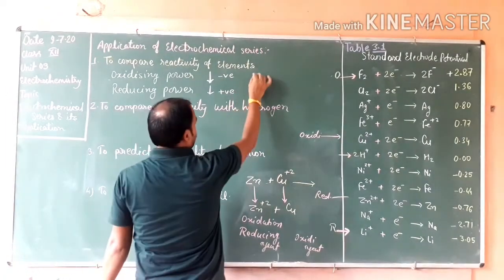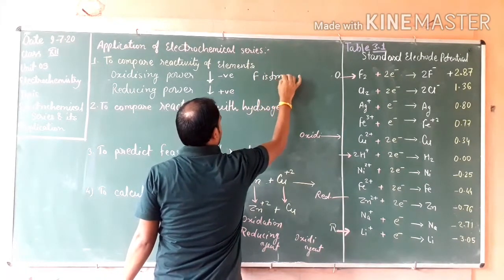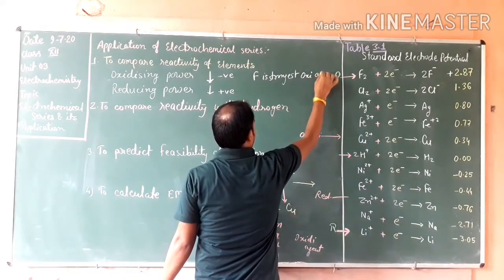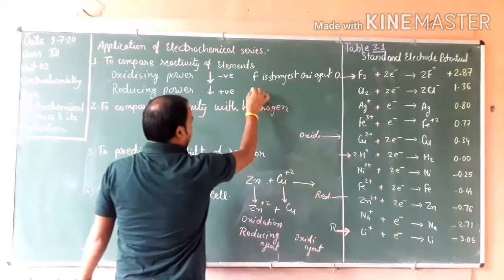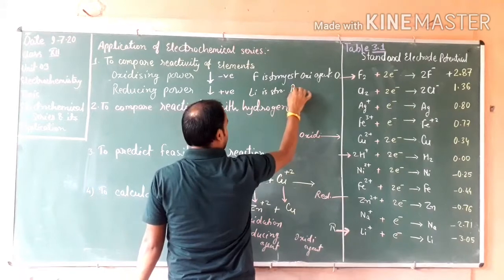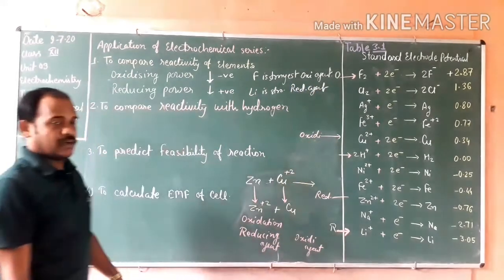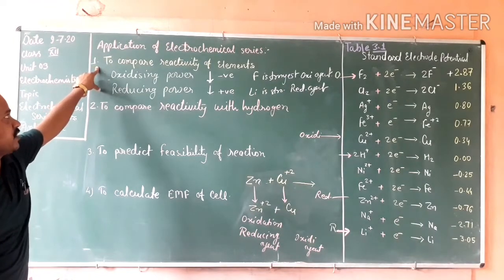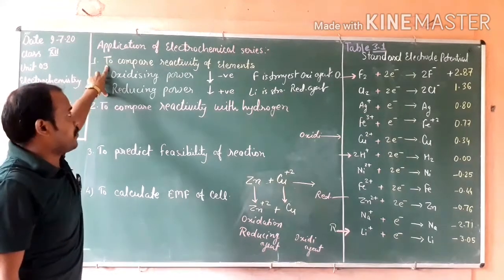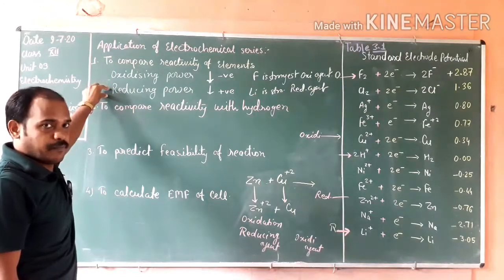So on this basis, fluorine is the strongest oxidizing agent and lithium is the strongest reducing agent. Okay, so this is the conclusion, or this is the application of the electrochemical series. First application is to compare reactivity of elements, their oxidizing power and their reducing power.